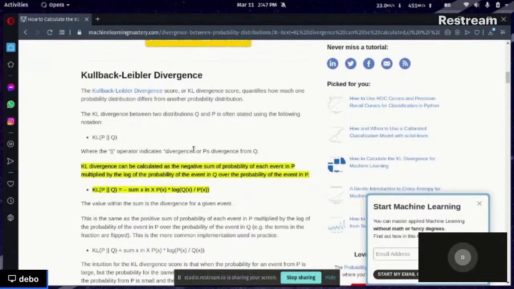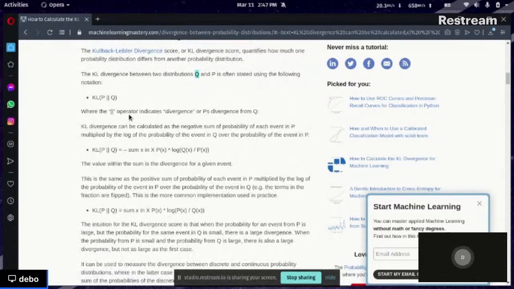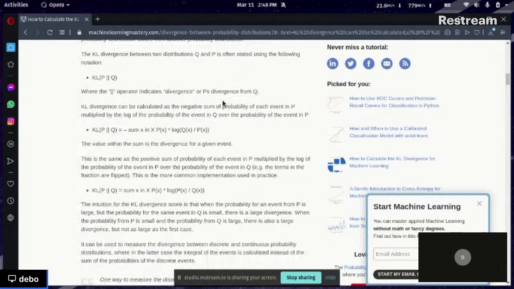The Kullback-Leibler divergence calculates the difference between the two probability distributions, this is the Q and this is the P, and it is the divergence of P from Q, or from the Q probability distribution diverging to the P.